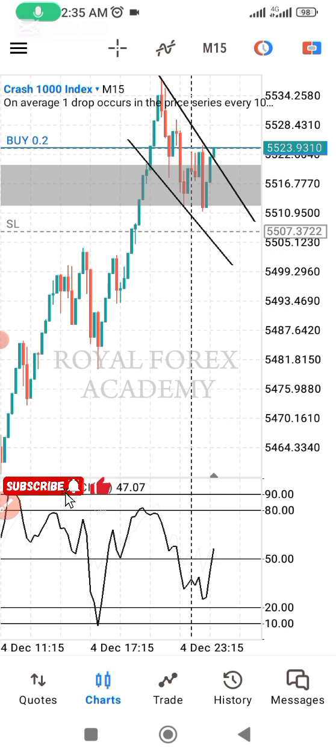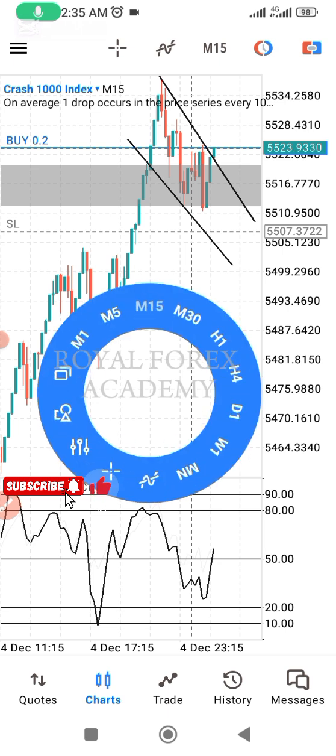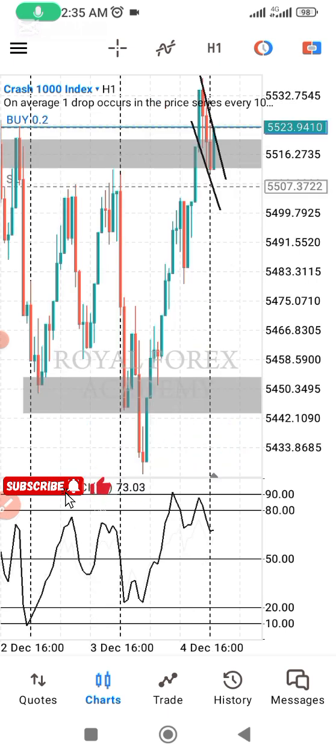Then the second method of making this entry: we said for a reversal, where we don't want to continue but deny a continuation, we will want to see an M or a W chart pattern. And there are various types of this M and W chart pattern.